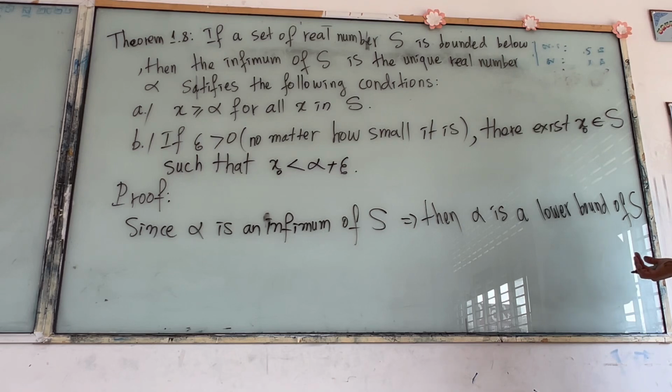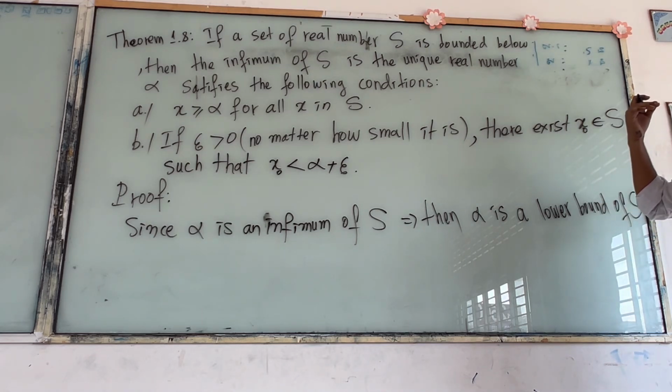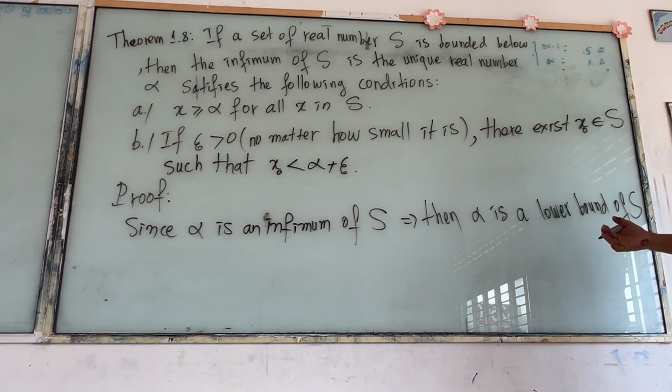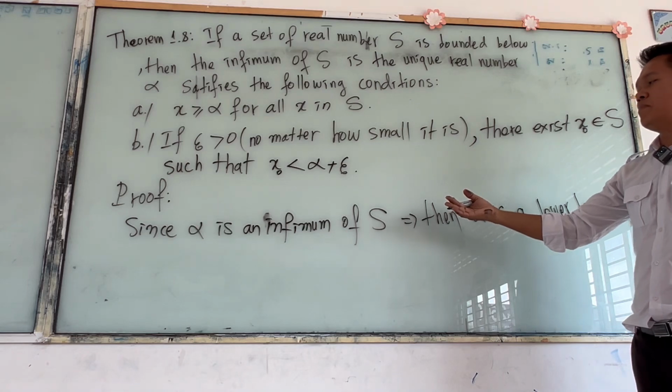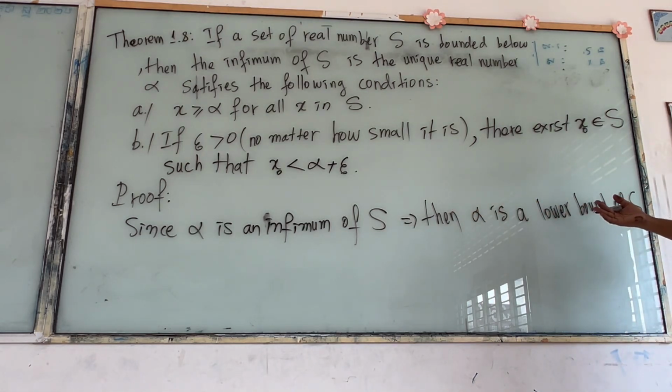By the definition of infimum. The infimum of a set is the lower bound of that set, and that is the biggest one. So from the infimum you can get a lower bound.